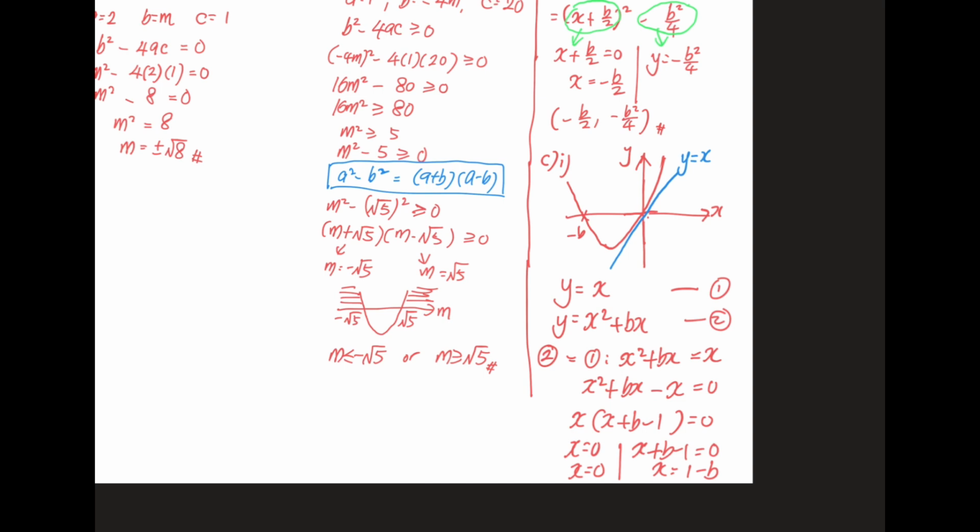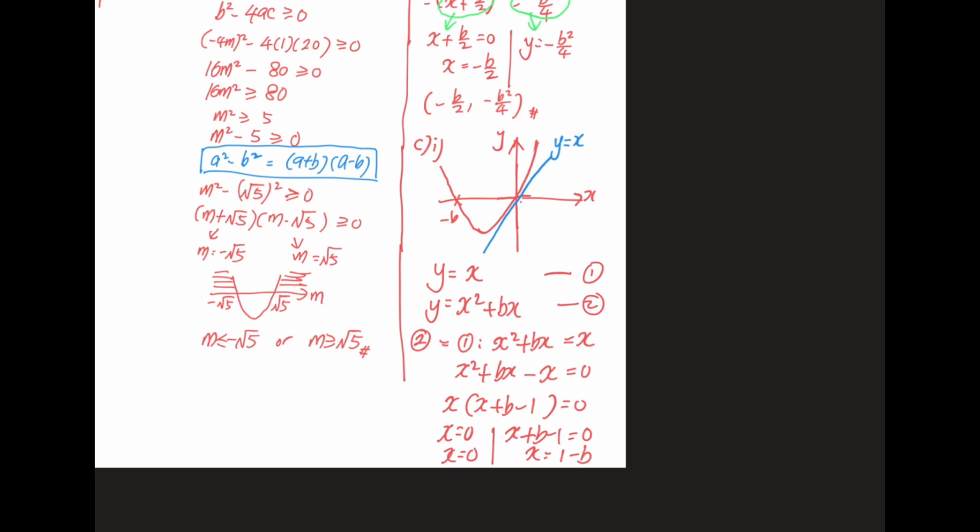Let's say your b is 1/2, then your graph is going to be like this: one intersection point, two intersection points.